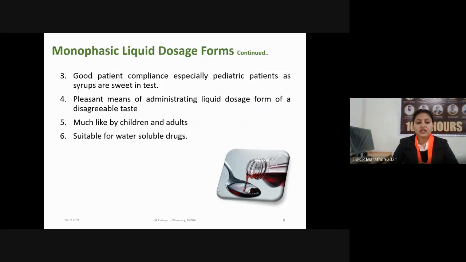This is also suitable for water-soluble drugs, as the vehicle that we use in the preparation of the syrup is water. So those medicaments which are soluble in water can be easily used in this formulation. It means syrup can be easily used as a dosage form for those medicaments which are soluble in water.